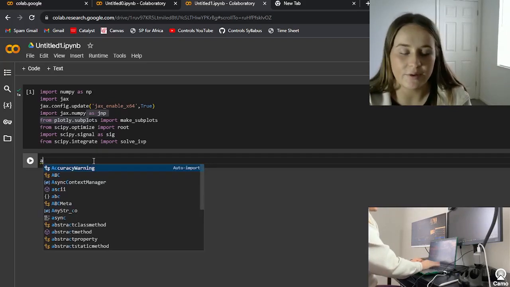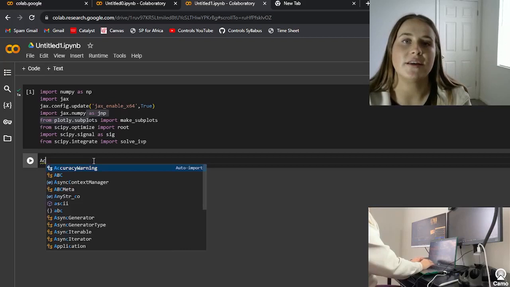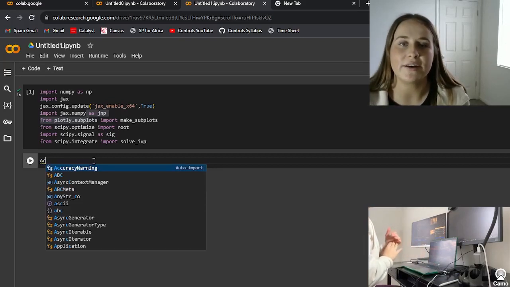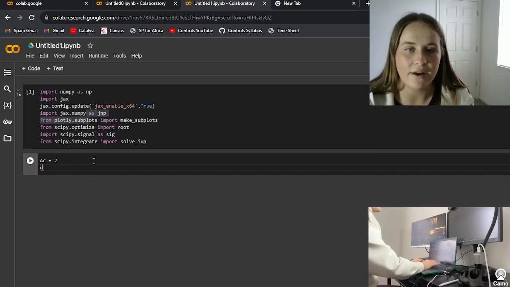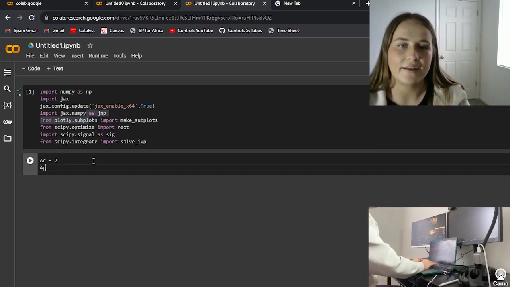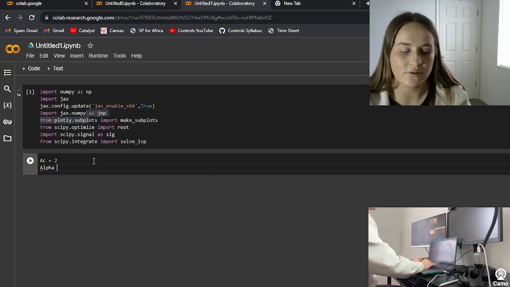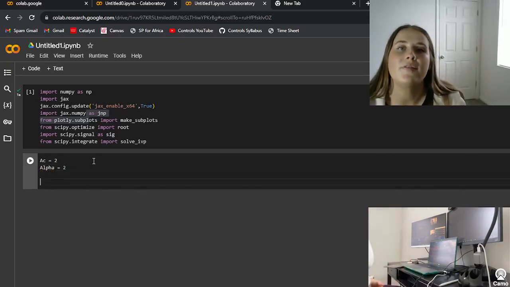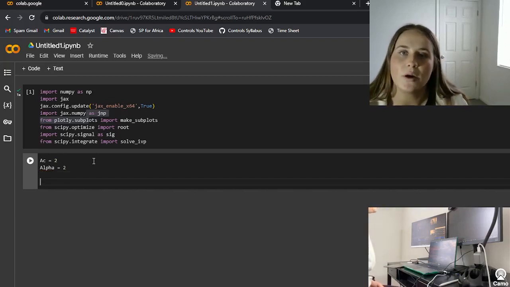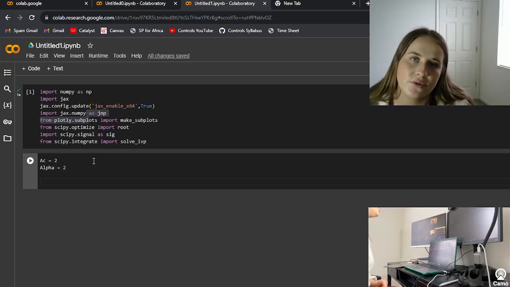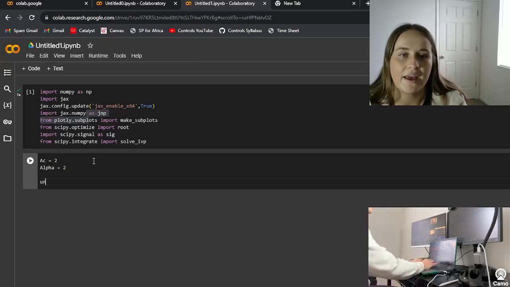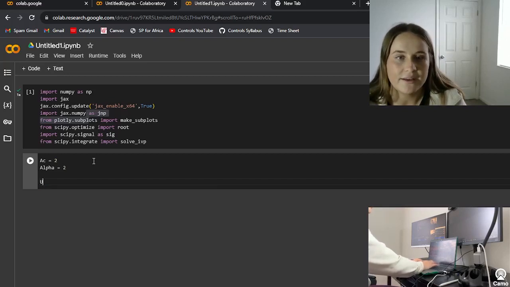We have AC, which is the cross-sectional area of the tanks, which is equal to 2, and then we also have alpha, and that is also 2. And then we also have our flow rates, U1, U2, and U3. U1 and U2 go into tank 1, and U3 goes into tank 2. So we will define that in terms of an array.